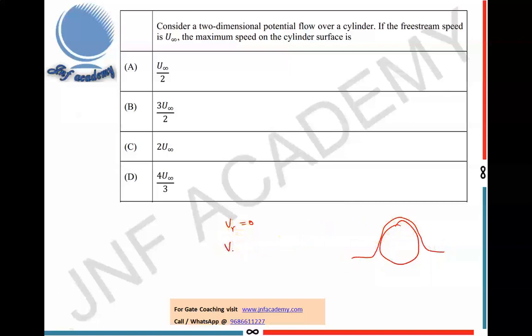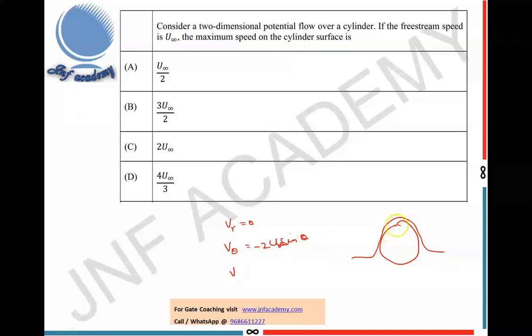Only the theta direction velocity will be there, and the formula for theta direction velocity is minus 2 u infinity sine theta, right? And the maximum value of sine theta is 1, right? The maximum value of sine theta is 1. What is being asked? The maximum speed on the surface of the cylinder. So the maximum value of sine theta can become 1 only.